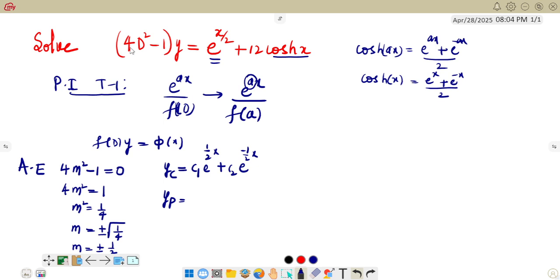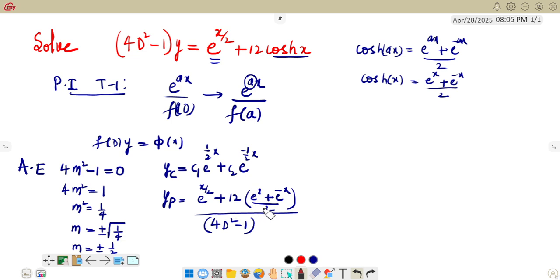Yp means in this equation keep y as it is, and 4d square minus 1 goes to the denominator. So here e raised to x by 2 plus 12 into this cos hyperbolic x, which I have already said we should write as e raised to x plus e raised to minus x divided by 2, whole divided by 4d square minus 1. Okay, fine. Now let us take a different color.